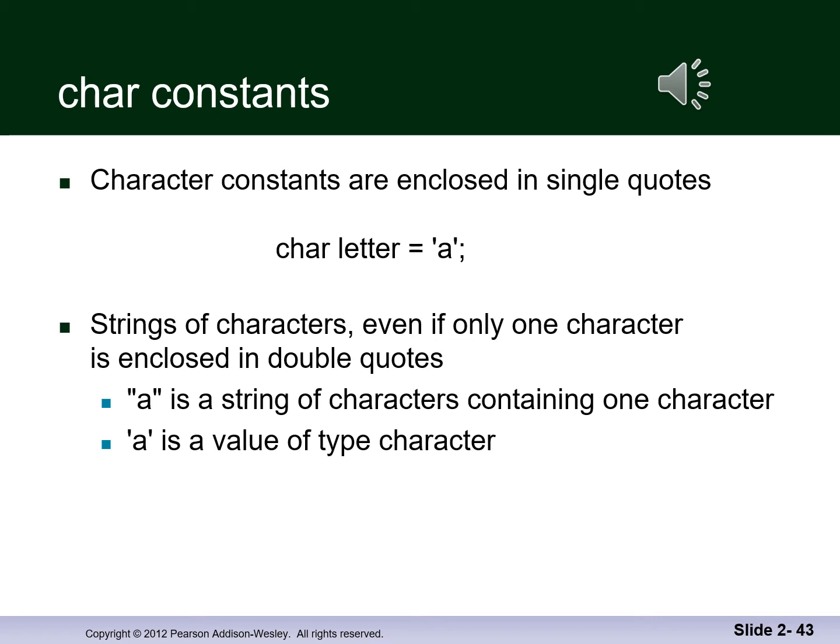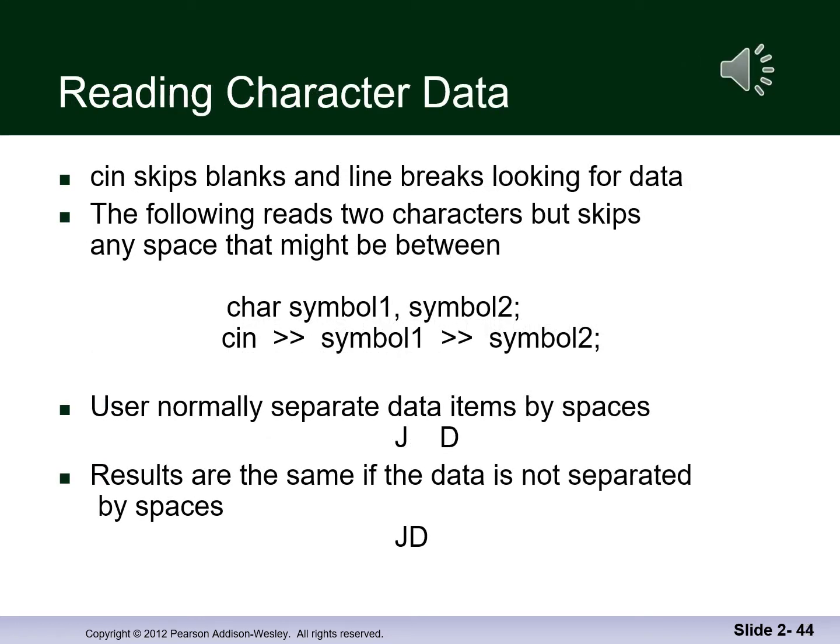Strings, which are multiple characters, are in double quotes. So double quote A is a string containing one character. Single quote A is a value of type character. More on this later, I promise.